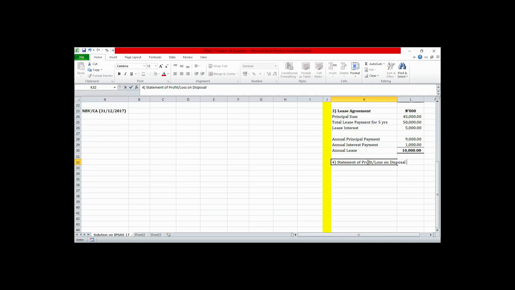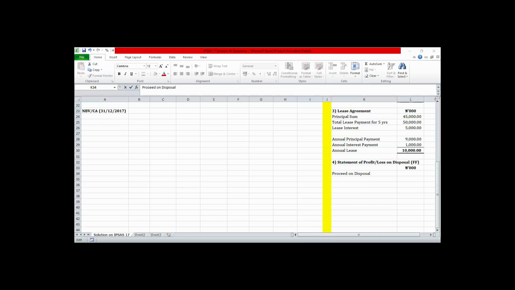What is the asset they disposed of, please? Office furniture. Now, what is the proceed on that disposal? How much did they realize on that asset when they disposed of it?